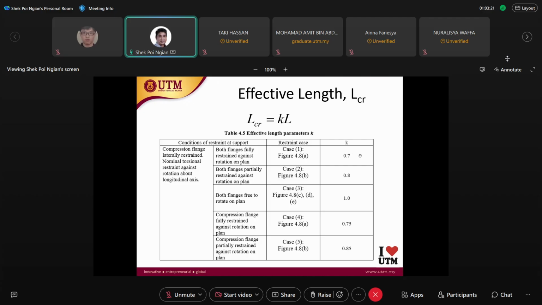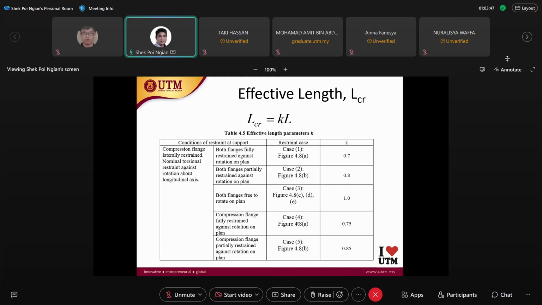So basically 0.7 refers to rigid connection. And then 0.8 is semi-rigid. And then 1.0 is pin. So if your connection is pin, you use 1. If your connection is rigid, you use 0.7. If your connection is semi-rigid, you use 0.8.